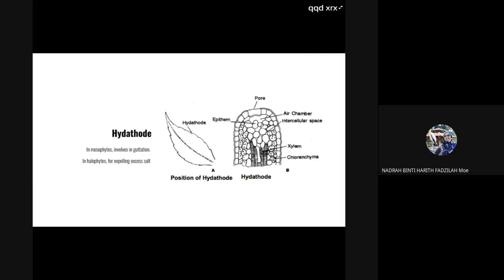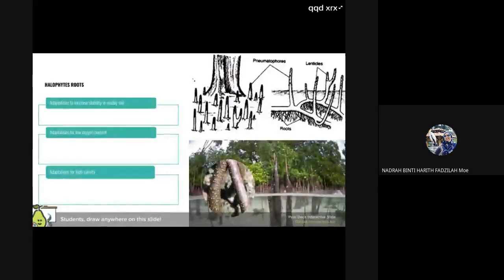Sebab itu bila kita pergi kat tepi pantai, pergi kat mangrove plant, kita rasa butir-butir garam pada permukaan daun pokok mangrove, sebab hydathode enable salt solution to be expelled through it, so that excess salt can be expelled from the plant cells.